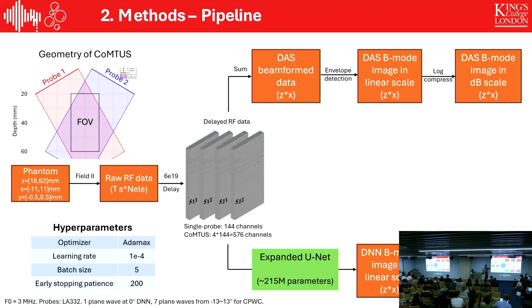In a conventional delay and sum beamformer, we just sum across these channels, and we apply some post-processing to get the final image. But we developed an expanded UNet here to get a B-mode image in linear scale. For visualization, we apply log compression to get a B-mode image in dB scale.